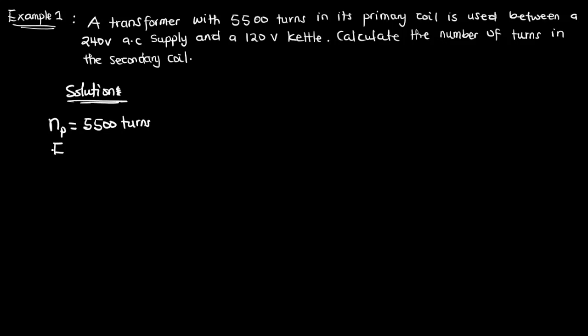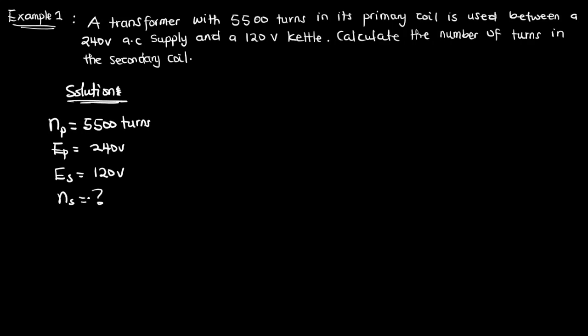So it means EP, the primary voltage, is 240 volts, and then a 120 volt kettle, right? It means the kettle, if you plug it, is going to draw 120 volts, which is the secondary voltage or the secondary EMF. So our ES is 120 volts. We have to calculate the number of turns in the secondary coil. That is what we do not know, right?